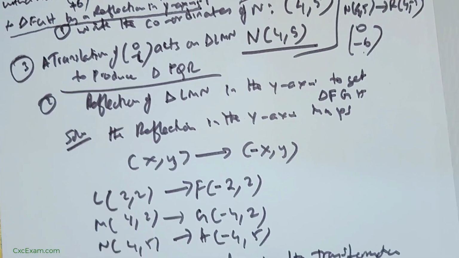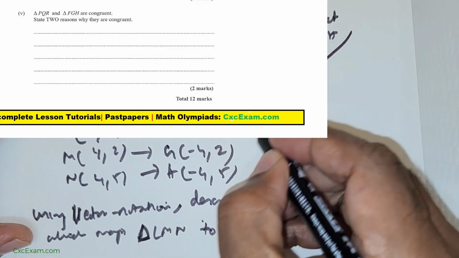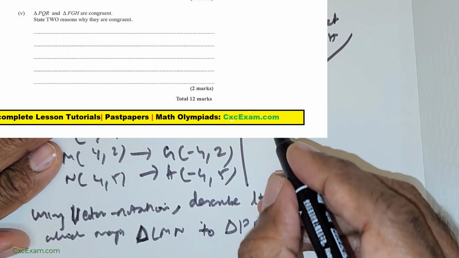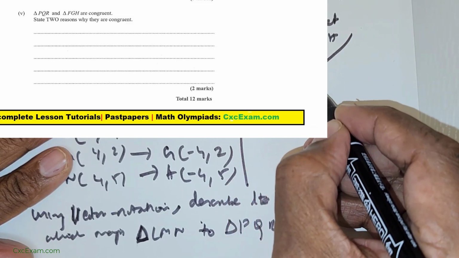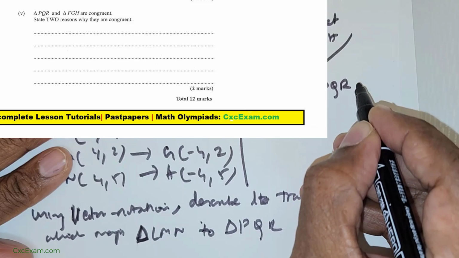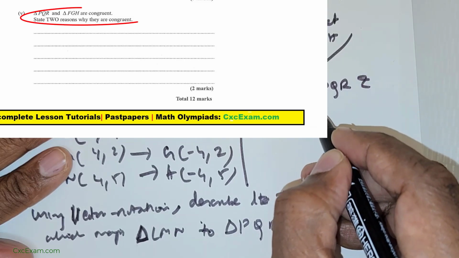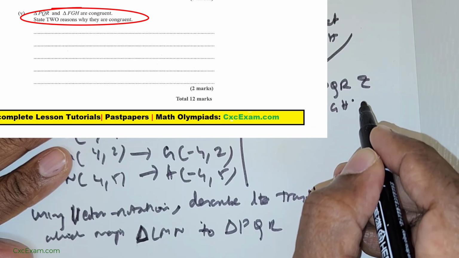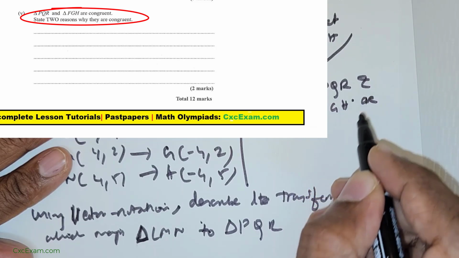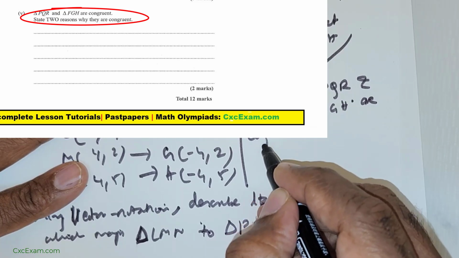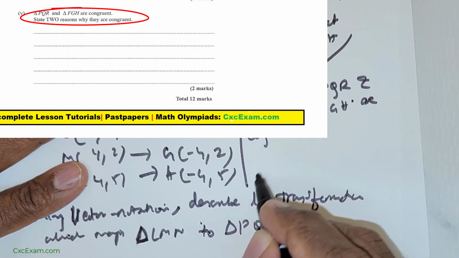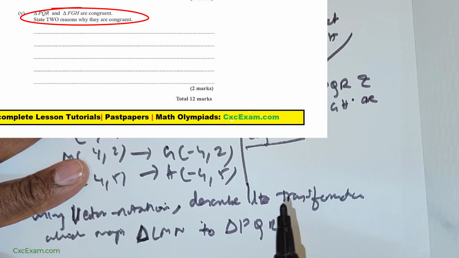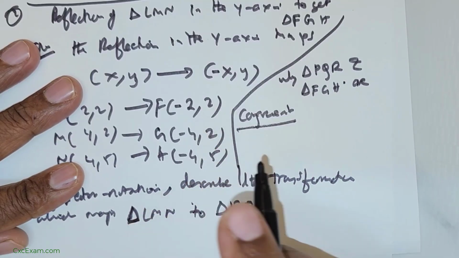Now the next one states, let me use the space here. The next one is stating why triangle PQR and the triangle FGH are congruent. Okay, so the technical explanation is as follows.